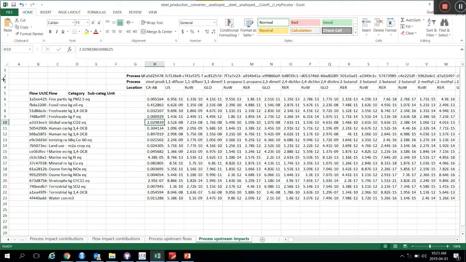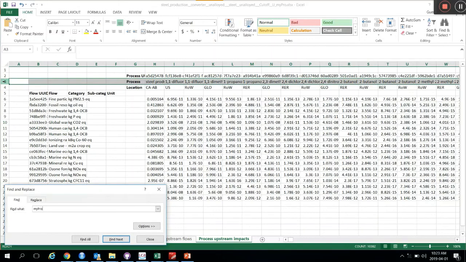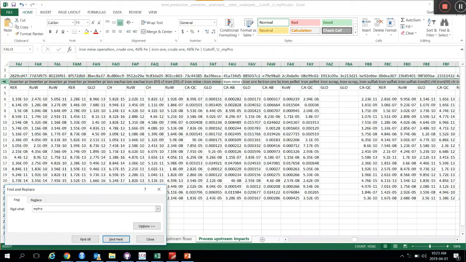Whereas if we highlight this and use control find for my pro, to find another process that we created, we have iron mine, and now we can see that it's responsible for a lot less, because it's just the mining part of the value chain, and we saw earlier that it was contributing not very much. Iron ore beneficiation, 65%. We see that it's responsible for more. So this includes basically the direct impact plus the mining plus whatever other inputs from a life cycle perspective.